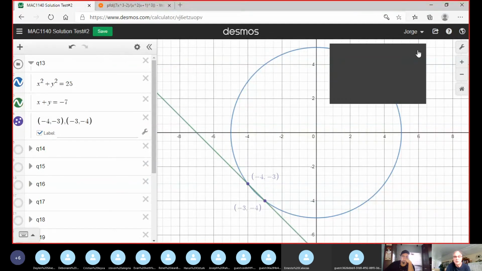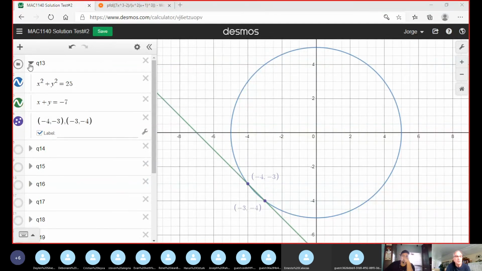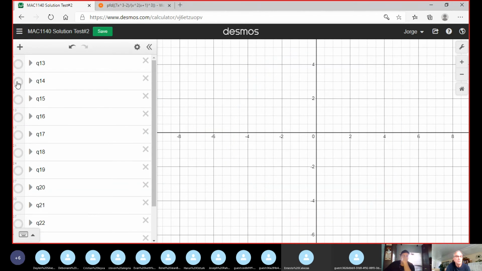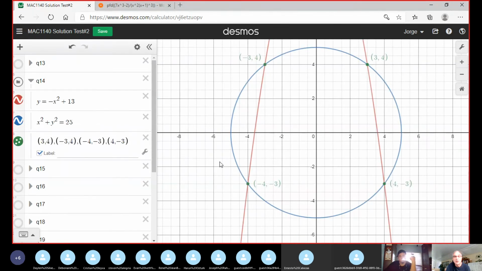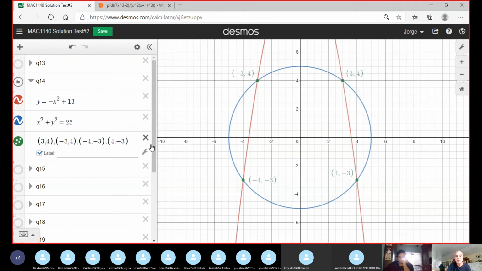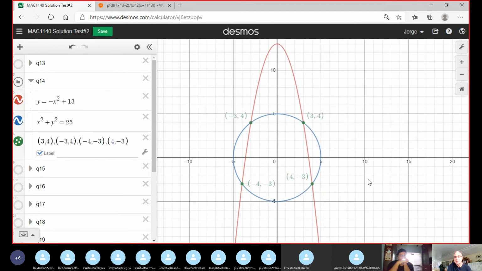Okay. This was the previous example, 13, now 14. Oh, there you go. Look at that. The first equation represents plus or minus 3, 4 positive, and plus or minus 4, negative 3 in the graph.